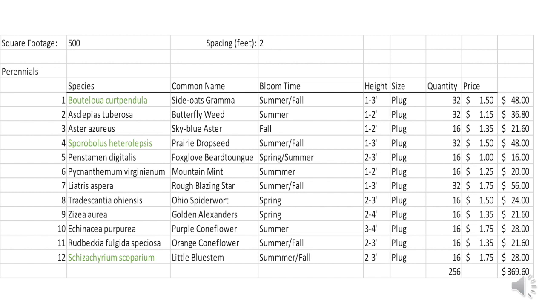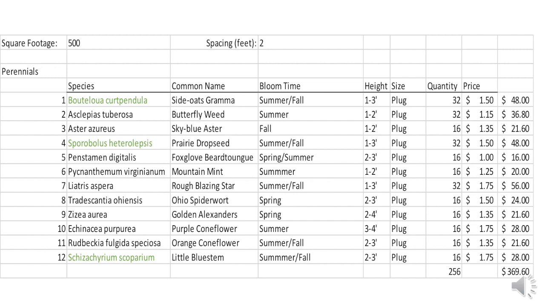So one example here, let's look at number 11 on this list. Rudbeckia fulgida speciosa is listed as orange coneflower as the common name. You guys might be more familiar with the common name of black-eyed Susan for that Rudbeckia species.